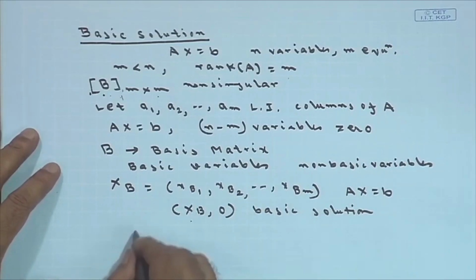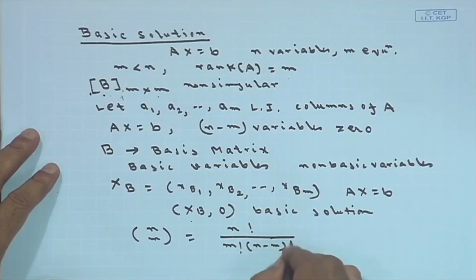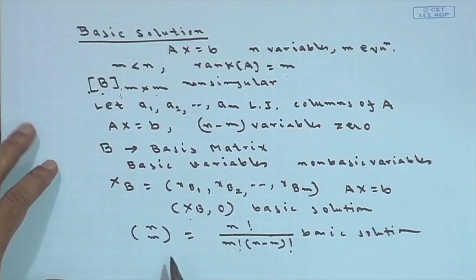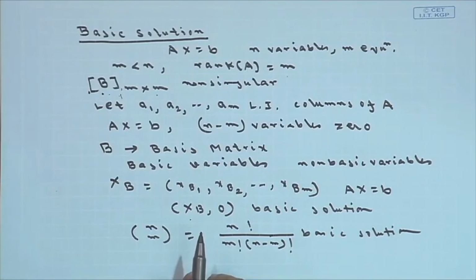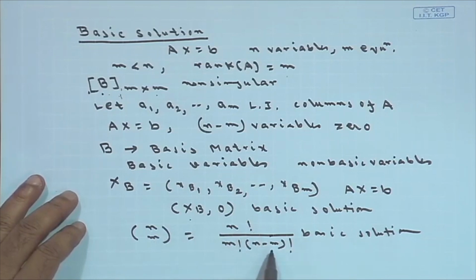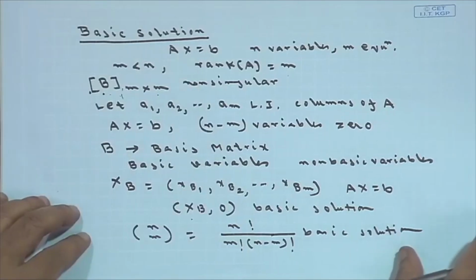So if you have n variables and m equations, you will have at most n factorial divided by m factorial times (n minus m) factorial basic solutions, by making all the possible combinations.